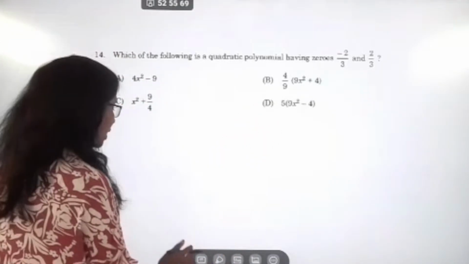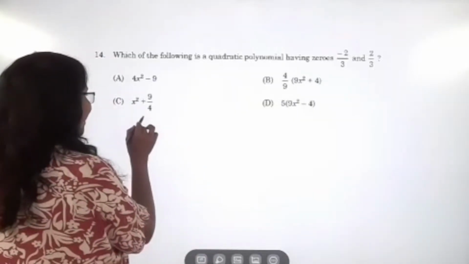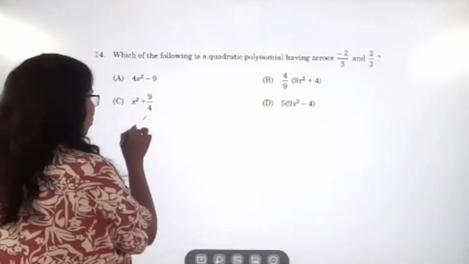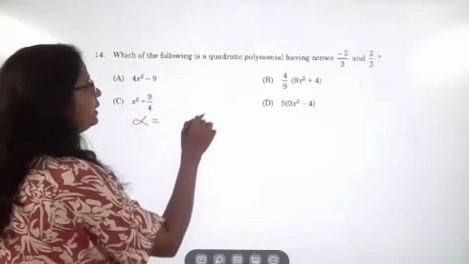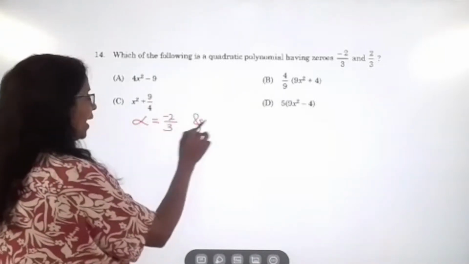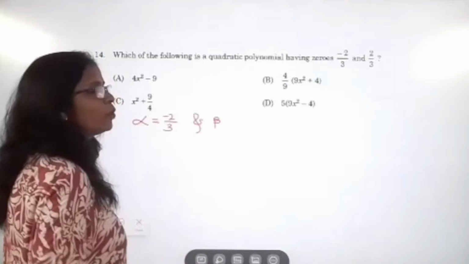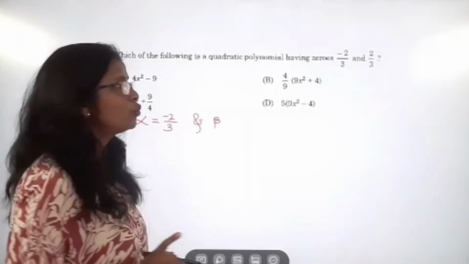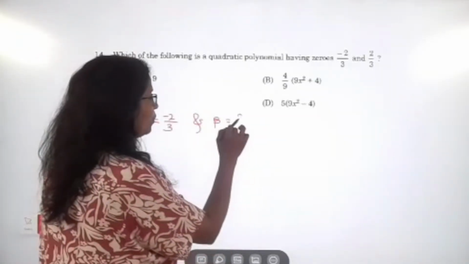So we consider the first root to be alpha, that is alpha is equal to minus 2 upon 3, and the second root of the given quadratic equation will be beta, so the value of beta is 2 upon 3.